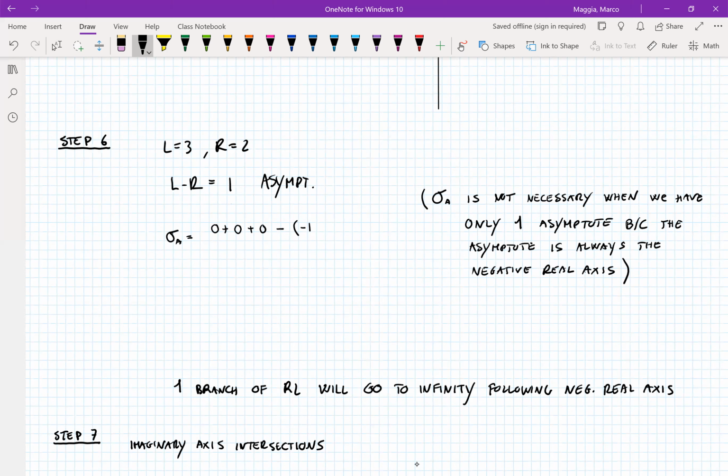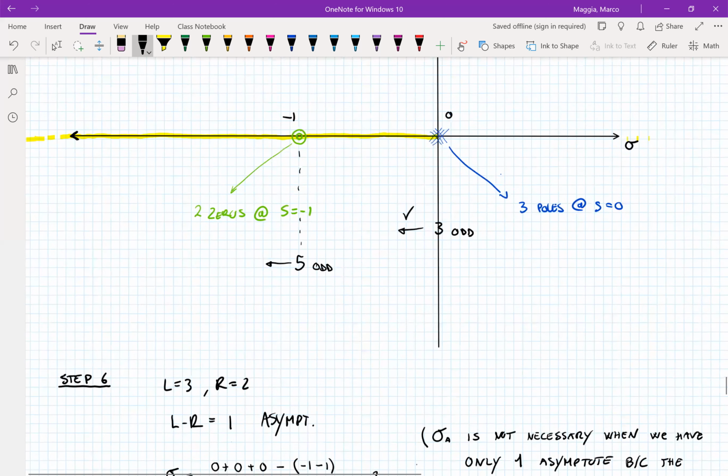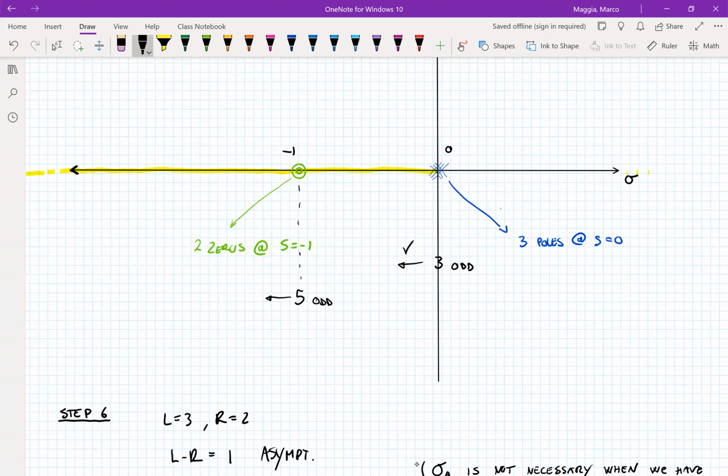So minus 1 minus 1, divided by 1, because that's the difference between poles and zeros. So in this case, we have minus 2 over 1, that is minus 2. So technically, the asymptote centroid is at minus 2. So it would be somewhere around here.